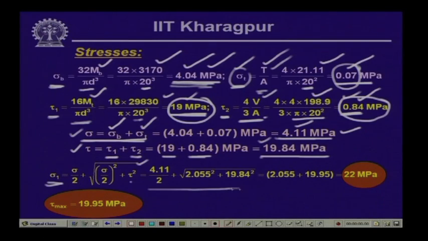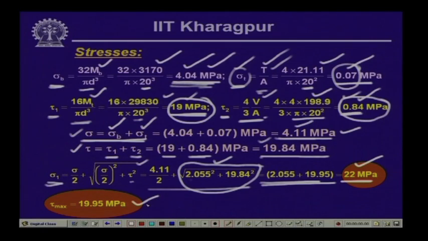If we compute it, the normal stress comes as 22 megapascal. And the maximum shearing stress, given by this expression, root of sigma by 2 square plus tau square, which is 2.055 square plus 19.84 square, gives us a value of 19.95 megapascal.